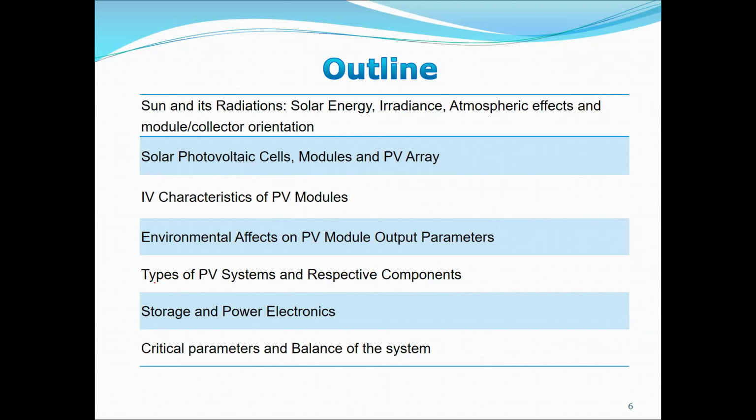Besides photovoltaic modules, we will also discuss the PV system and their respective components, and then the storage and other power electronic devices with a particular focus on critical parameters and balance of the system.